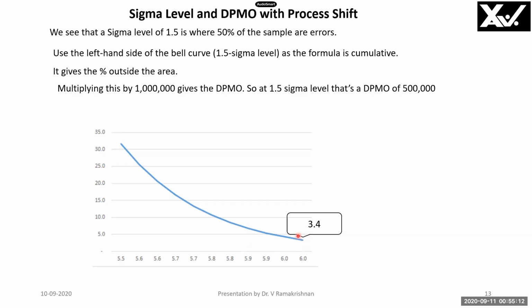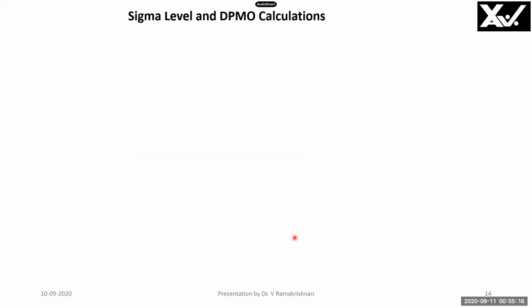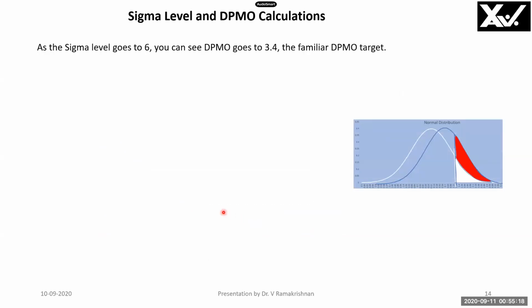But if you draw a line at 6 sigma, then the defects will be only 3.4. Now we will see this sigma level and DPMO calculations. As the sigma level goes to 6, you can see that DPMO, defects per million opportunities, goes down to 3.4. This is the very famous defects per million opportunities target.